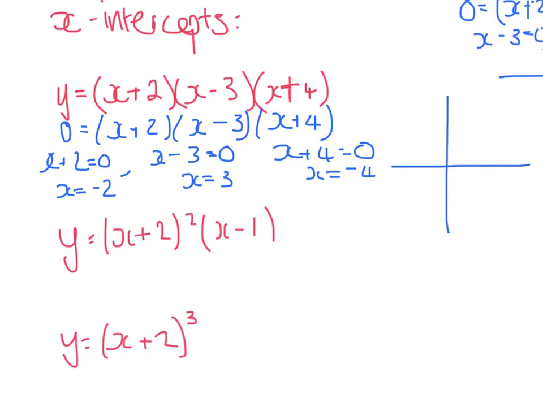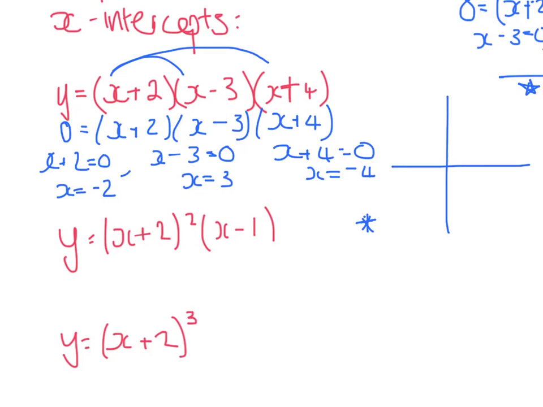And what does that actually look like in a graph? Well, we know what shape a cubic graph is. It's either going to be going from bottom left to top right or top left to bottom right. This one is positive because if we were to expand it out, our x cubed term would be a positive one. Therefore, we're going to start in the bottom left-hand corner and finish in the top right.